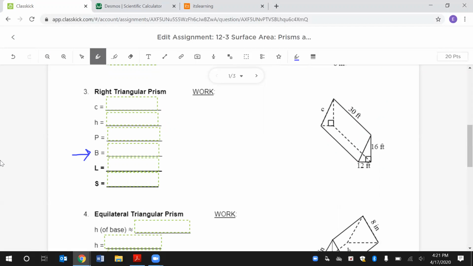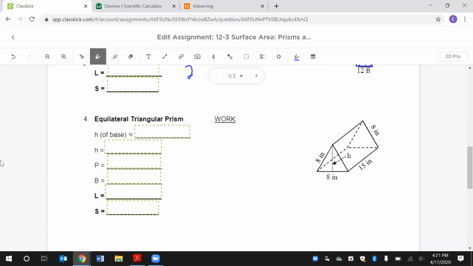This time, since it is called a triangular prism, that means my bases are triangles. And so the formula that I'm using for the area of the base would be base times height divided by 2. So it changes. That one blank is always going to have a different formula depending on what shape your base is.